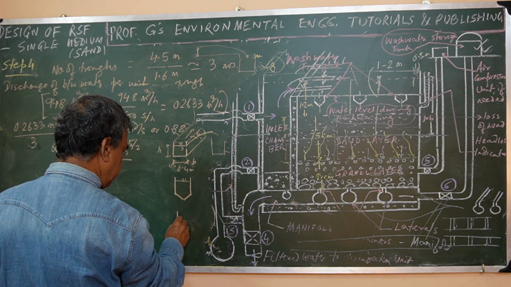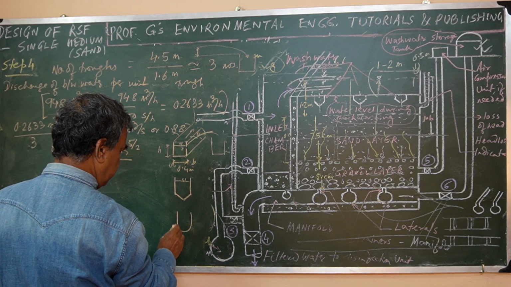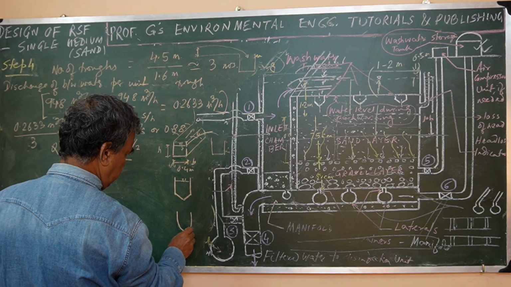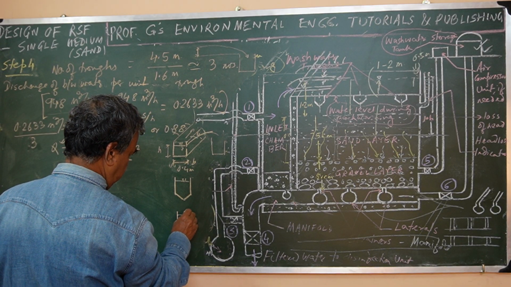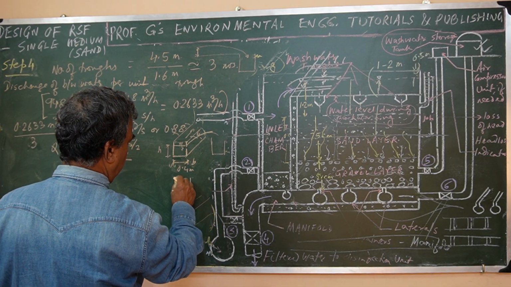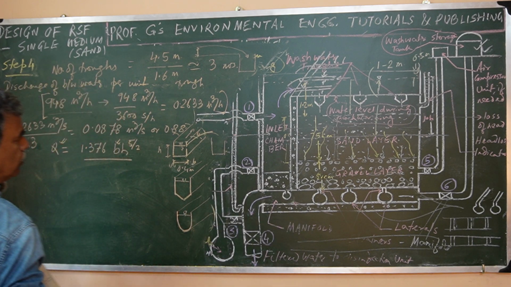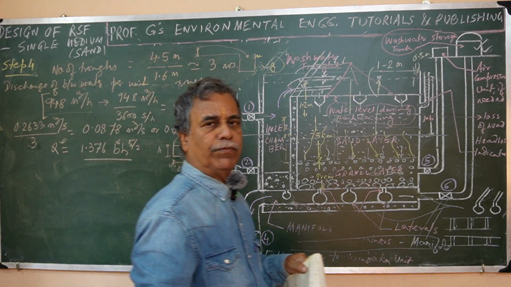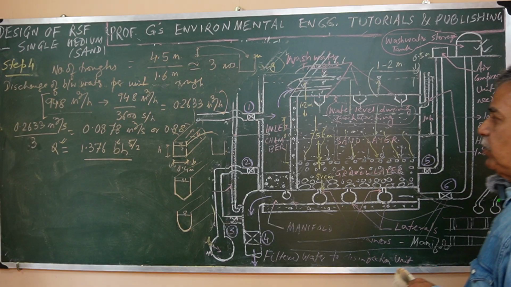Or it may be U shaped. In that case this will be like this. So these are the common configurations, or the shapes, of the wash water trough.